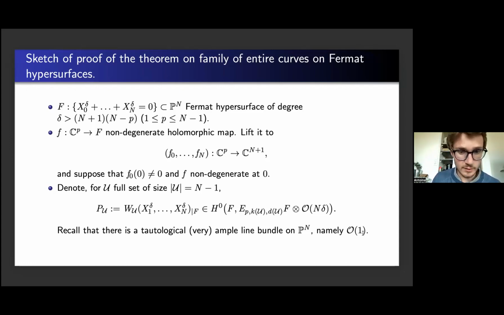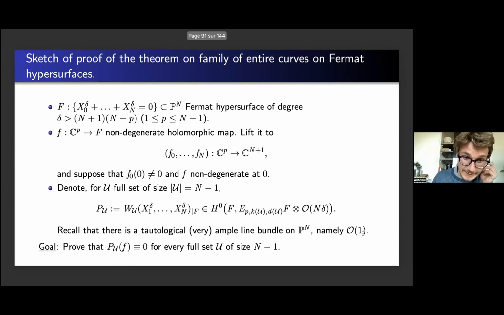And so the goal here is to prove that P_U evaluated on F is identically 0 for every full set of size big N minus 1. So if we are able to do so, then by the fundamental property of Wronskians, we deduce that there is a linear combination between the n last coordinates of this map elevated to the power delta that is equal to 0.